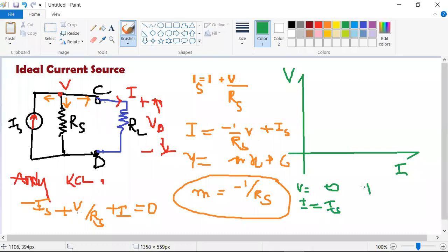When the load current is zero, then V equals IS into RS.